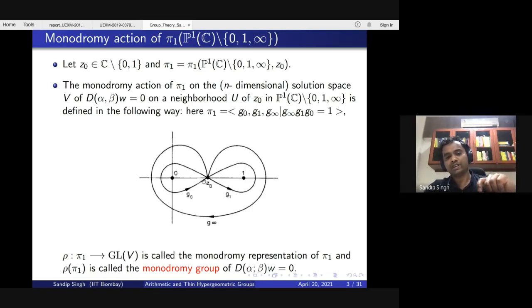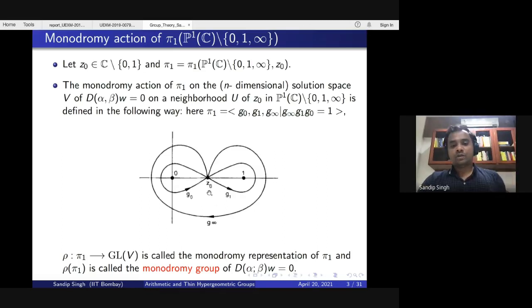Therefore its solution space in that neighborhood of z naught is an n-dimensional vector space, right? So a basis of that solution space can be given by n linearly independent analytic functions in the neighborhood U of this regular point z naught.